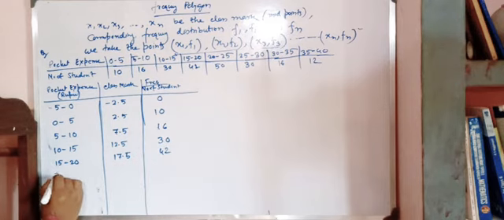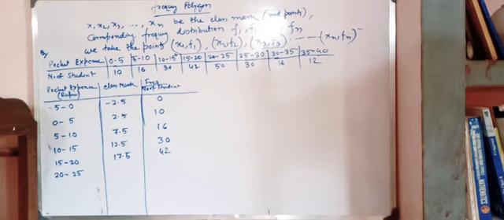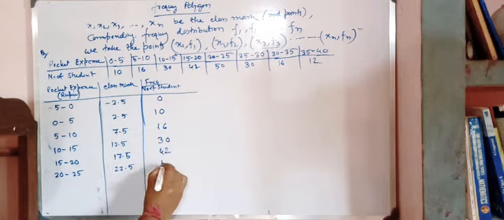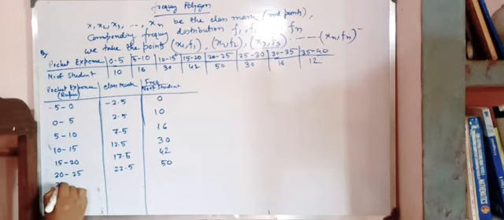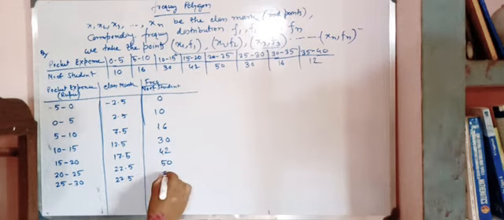Next 20 to 25, class mark is 22.5, and number of students is 50. Next 25 to 30, the class mark is 27.5 and frequency is 30.